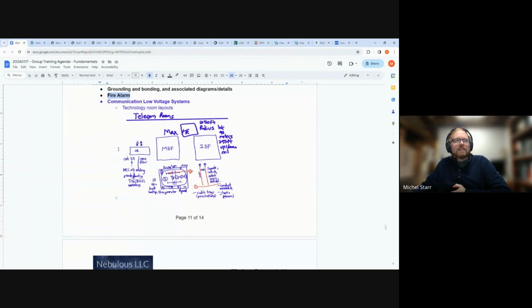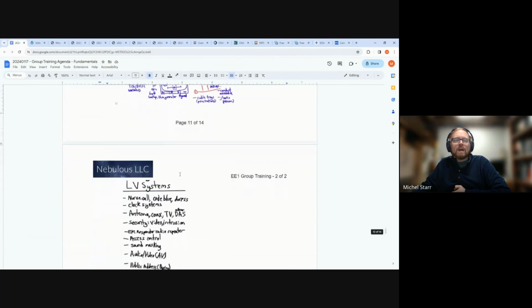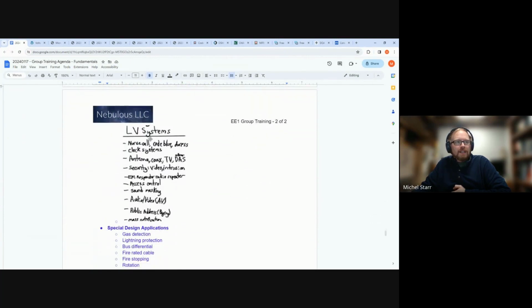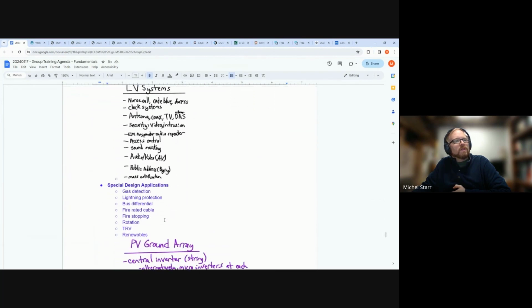So this is a description, or otherwise trying to help demonstrate, that technology rooms happen in buildings. These are other special systems, you may call them, or otherwise low voltage systems that are common in buildings that more and more we're needing to design to or have special teams design.